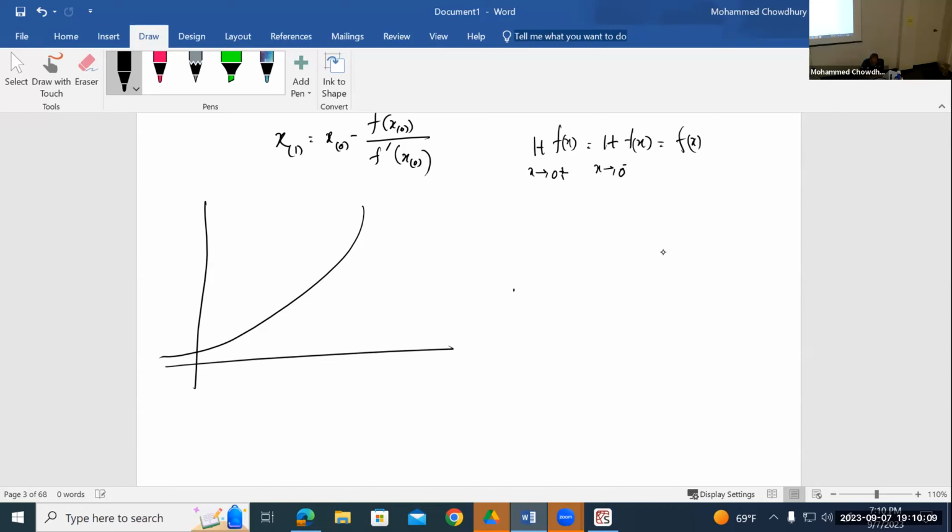For example, 0.00000001, and then negative 0.00000001. And the functional value. The function is said to be continuous and differentiable. This is the continuity. When a function is said to be differentiable, it must be continuous. Like a discrete function cannot be differentiable.